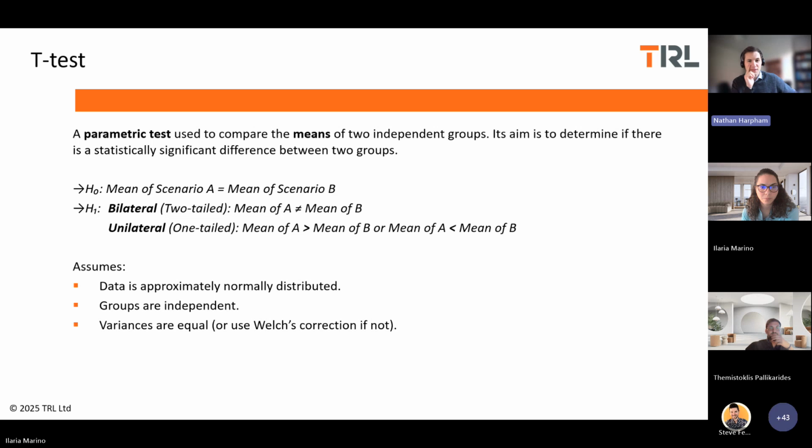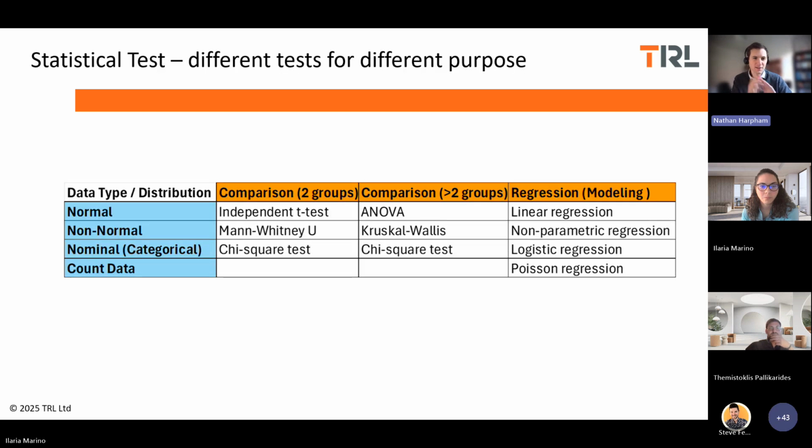If I could just add to that again, Themis, if you go back a slide. Thanks, Ilaria. This is a really nice table that categorizes some of the different approaches that we can use. Combined with the previous slide that talks about parametric and non-parametric, I think those are probably the first three criteria you might use to decide on your approach based on the data you've got and the kind of question you want to answer.